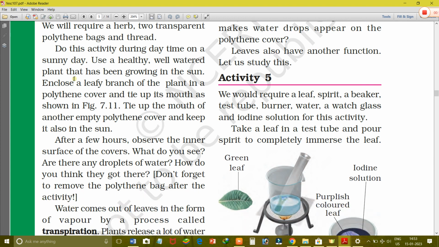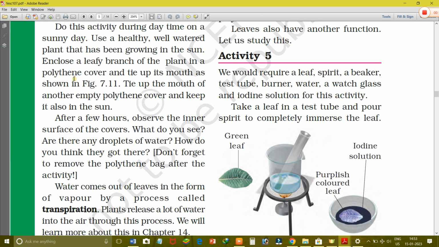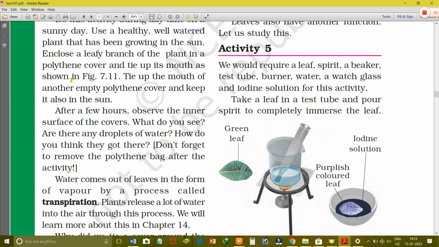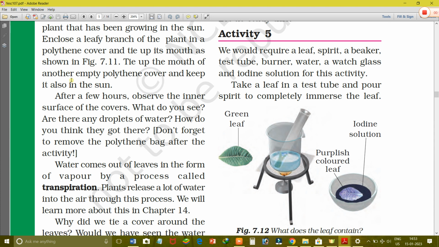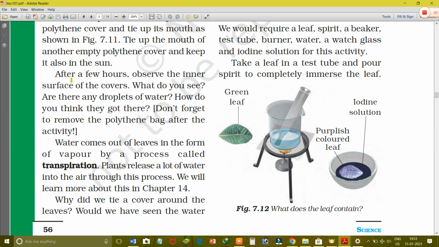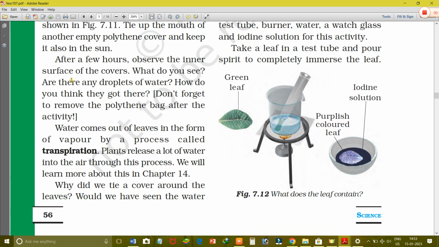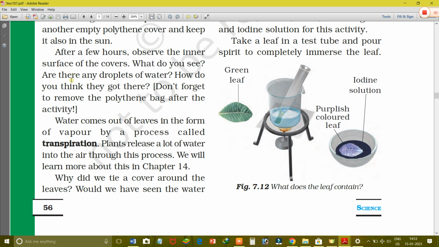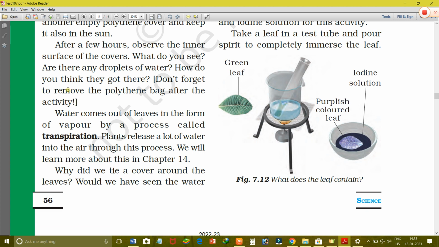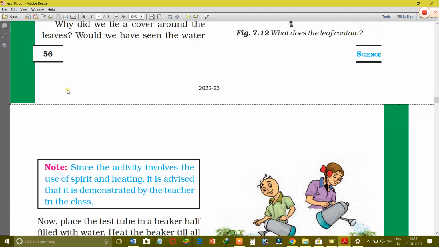We would require a leaf, a beaker, test tube, burner, water, a watch glass, and iodine solution. Take a leaf in a test tube and pour spirit. Completely immerse the leaf.